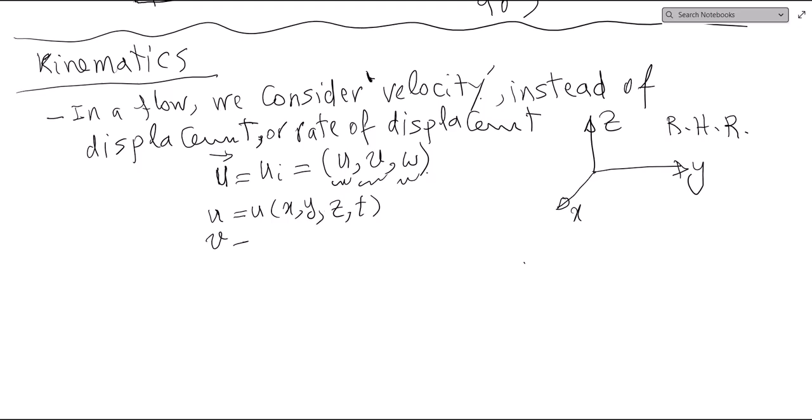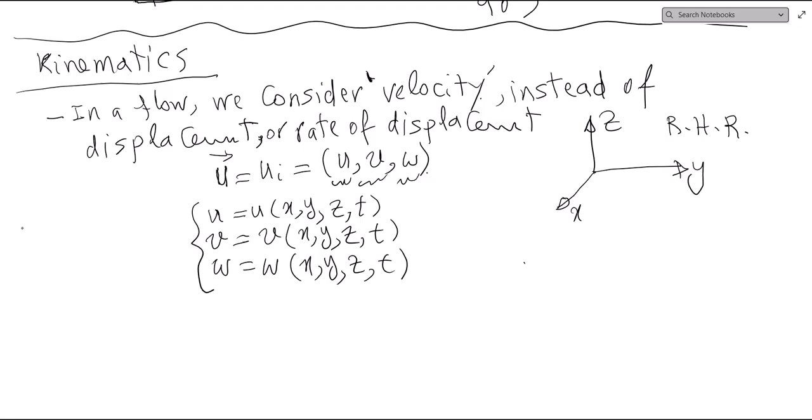Similarly, v could be a function of x, y, z, and t. And also w could be a function of x, y, z, and t. Components of velocity vector.